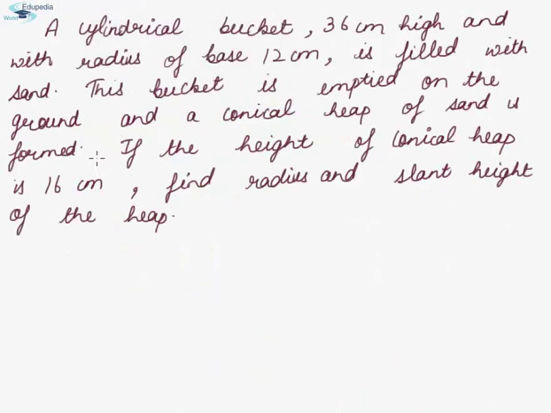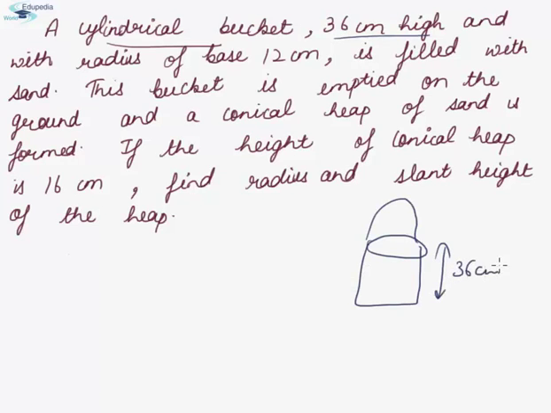Now, in the second question, it is said that a cylindrical bucket, which is 36 centimeter high, that is, its height is 36 centimeter and radius of base is 12 centimeter. Since it is a cylindrical bucket, so the radius will be uniform, that is, radius of top will also be 12 centimeters, is filled with the sand.